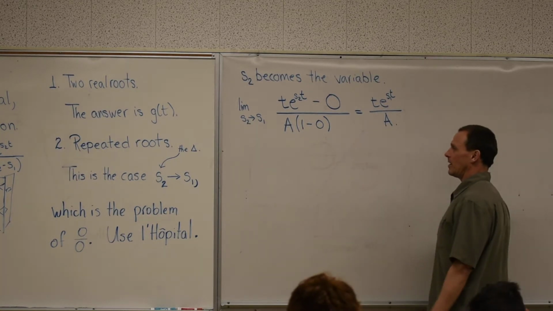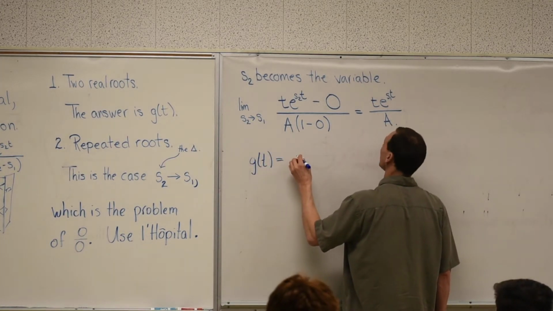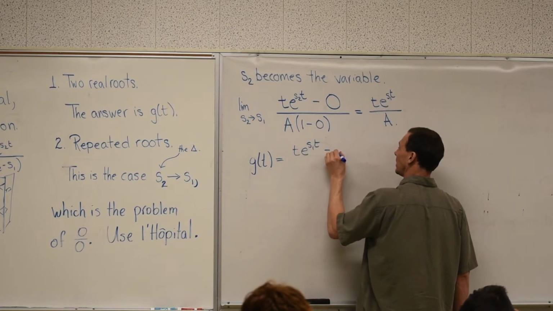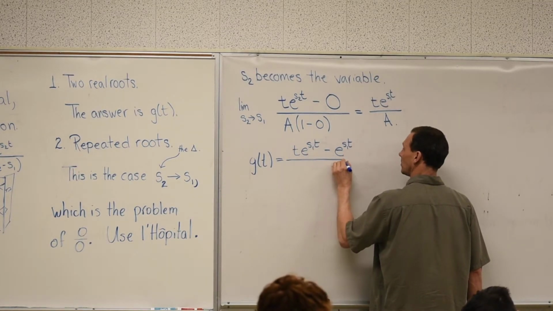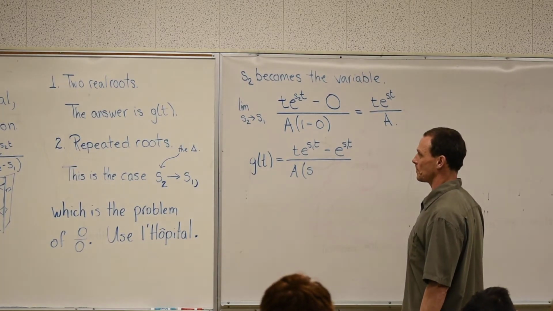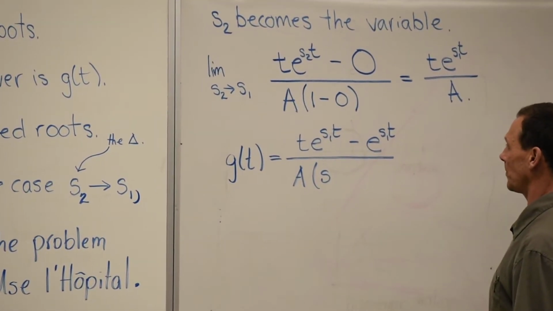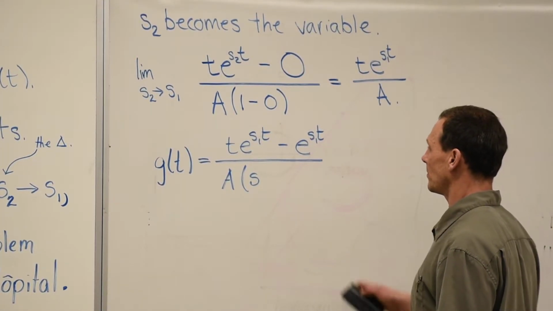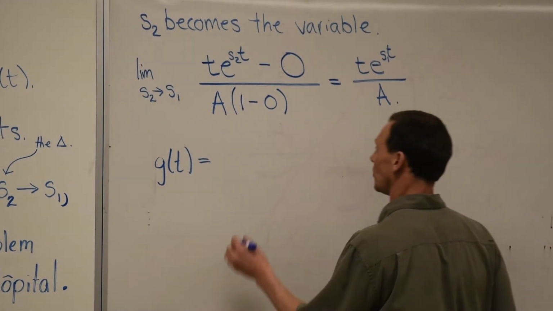All right, and so our solution G of T becomes t e^(S1 t) minus e^(S1 t) over A times, sorry, hang on a second. There. Solution becomes that.